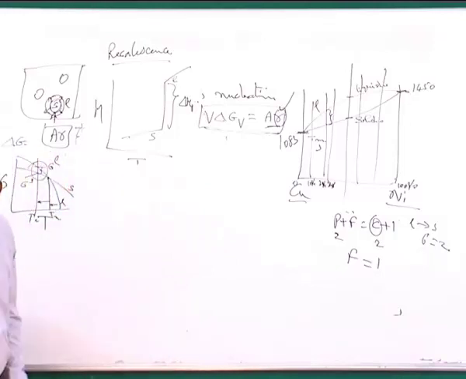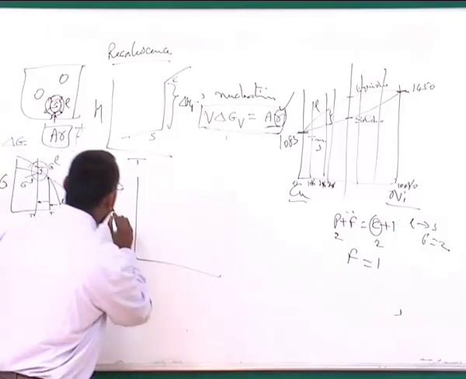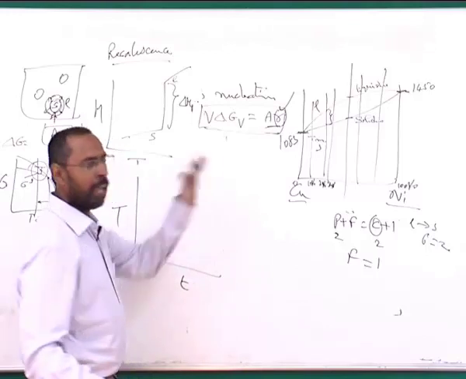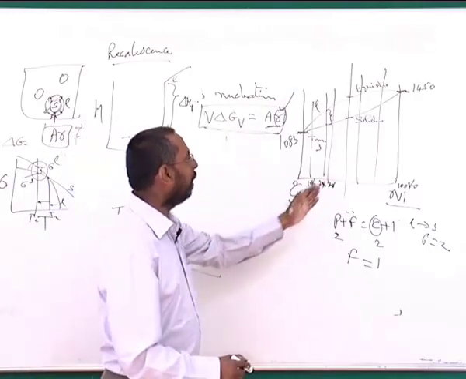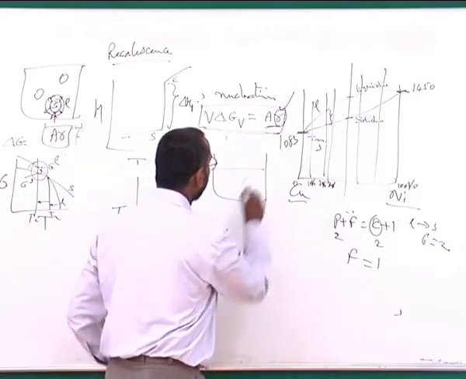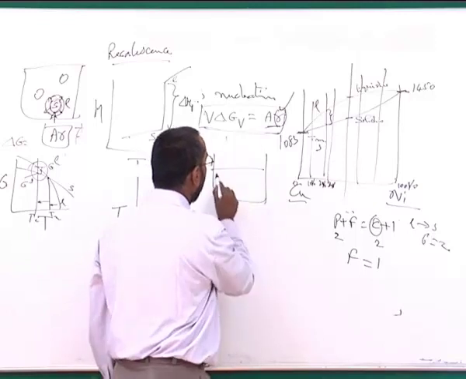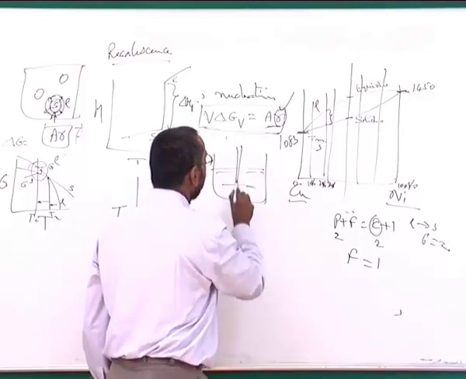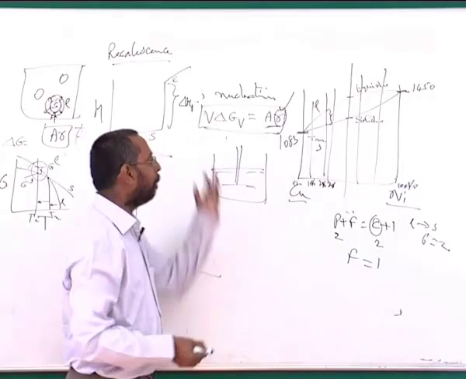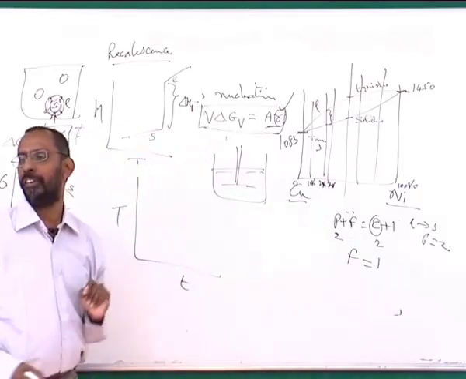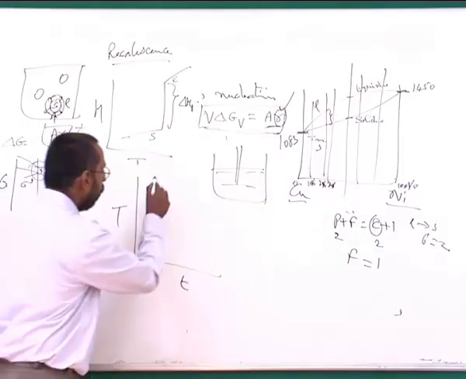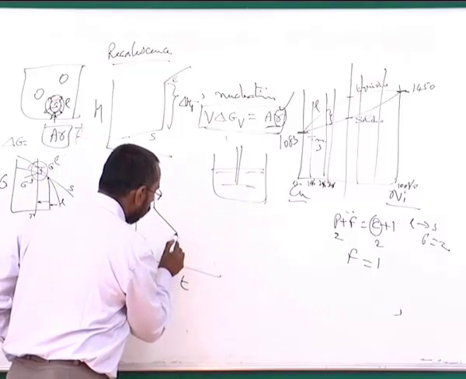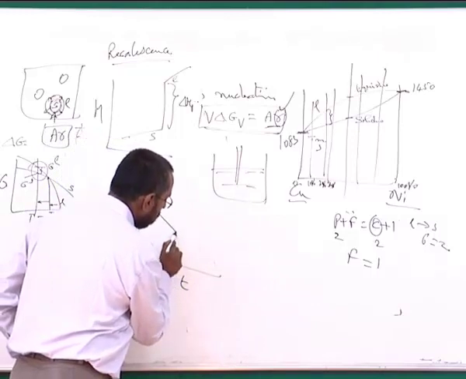If I plot the cooling curve, you will see temperature versus time. Again, the same thing that I do: I take a piece of the alloy, melt it, put a thermocouple inside it, switch off the furnace and measure how the temperature is changing as a function of time. And if I do this, what you usually see is something like this.